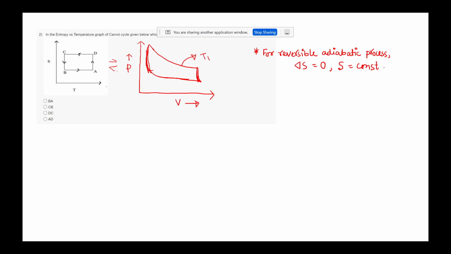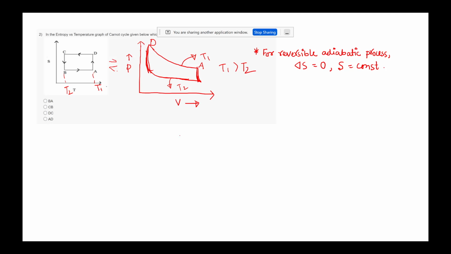This is T1 and this is T2, and T1 is greater than T2. So A and D are on one isotherm.